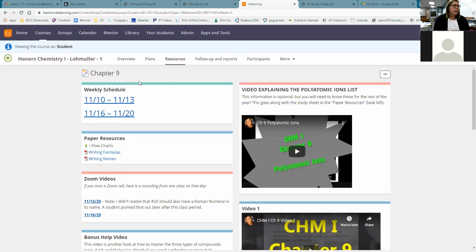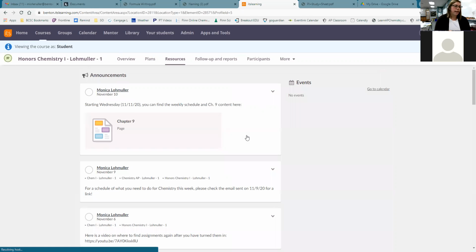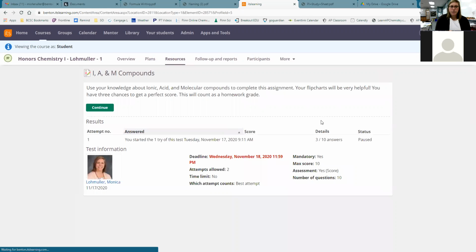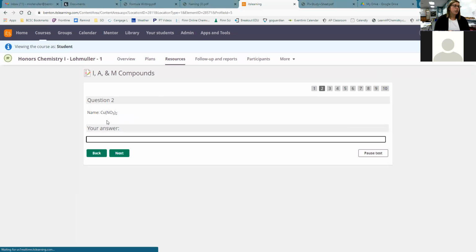Last but not least, just to show you what the assignment for today looks like, you do have multiple opportunities to get a correct score, and it will tell you right away when you get something wrong. Sometimes the questions will ask you to tell me what the correct answer is, and so you have to use the flowchart to help with that. Sometimes you will have to tell me what the name is.